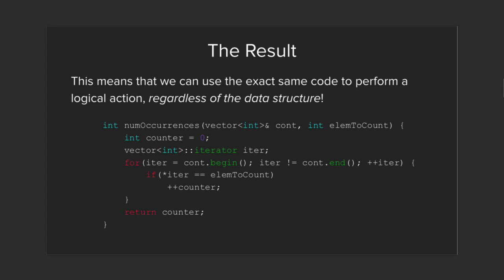So this looks like a really nice, okay, that makes a lot of sense. Say we wanted to do it for a list. Notice that the only thing that changes between all three of these functions is just the type of container. The logic using the iterators doesn't change at all.